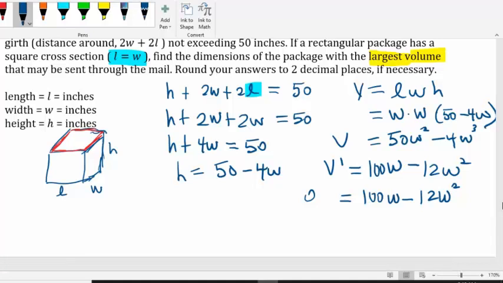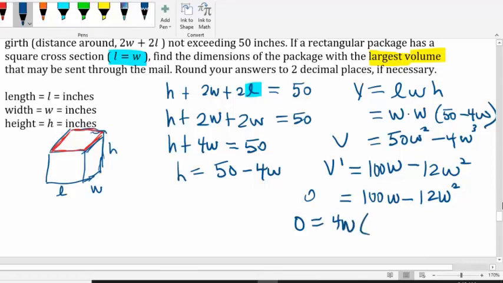So I want to factor out the greatest common factor from those two terms, 4W. And so we get 25 minus 3W. So 4W times 25 minus 3W, and then set each factor equal to 0.